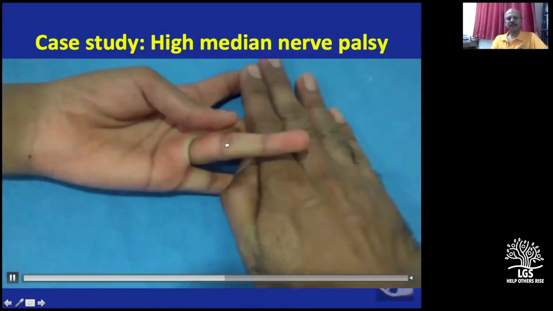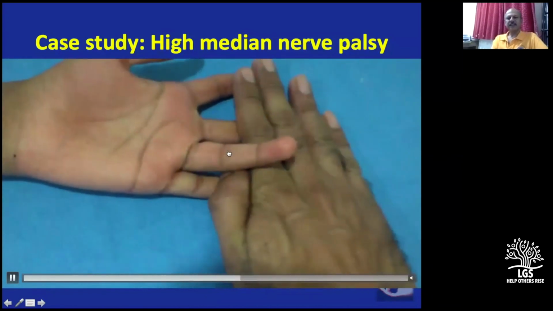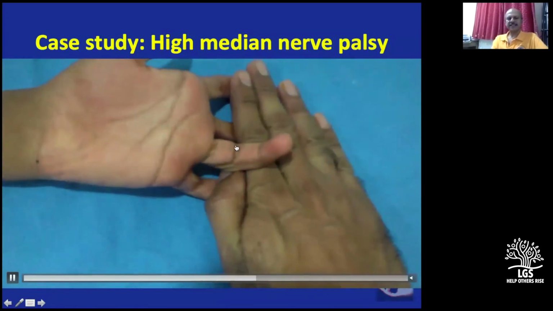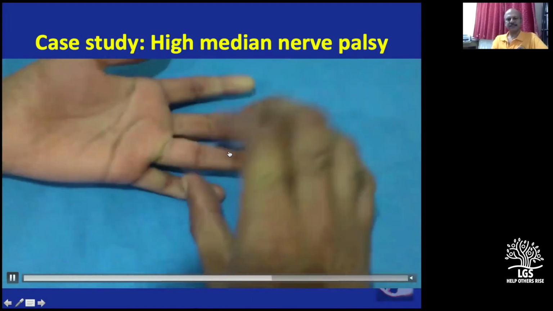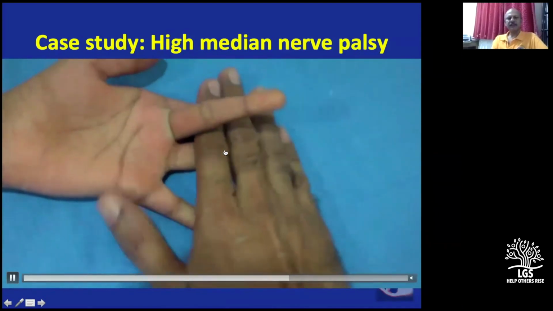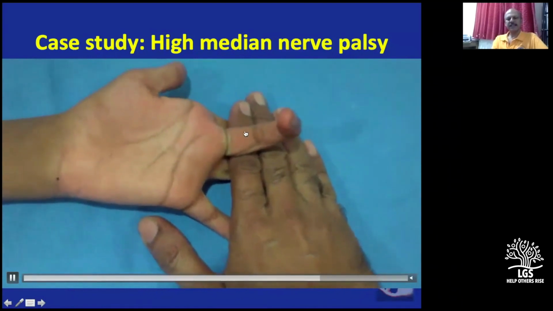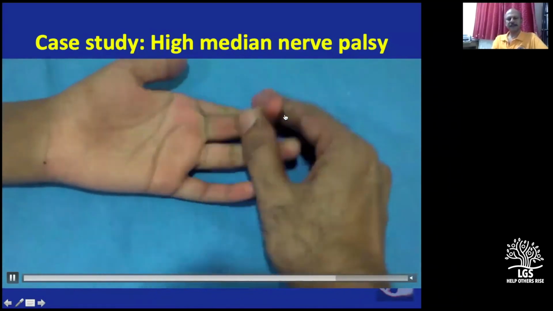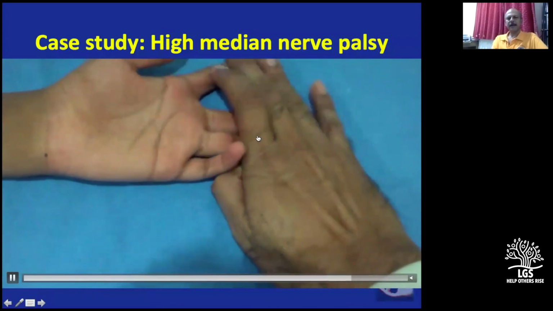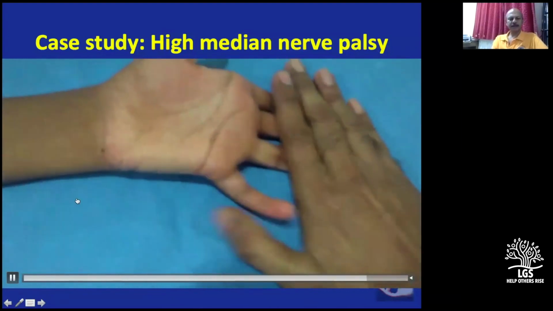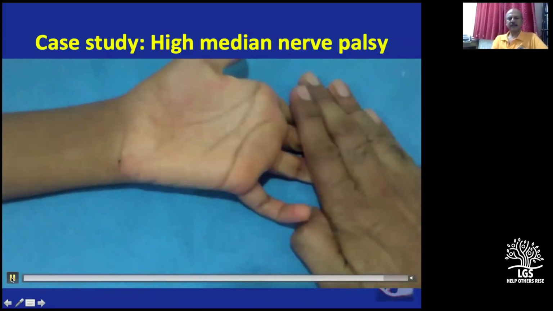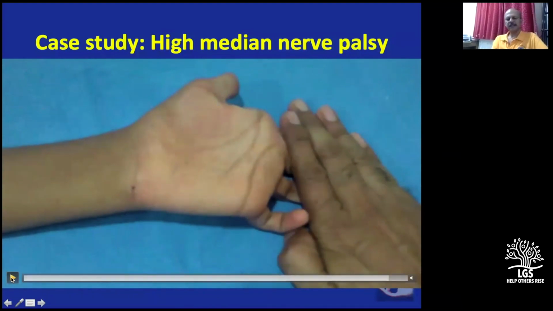Now I'm checking the flexor digitorum superficialis. When I hold the other fingers like this, the patient is not able to flex. Since the index, middle, ring and little fingers' FDPs are together, we prevent the FDP from acting. Now just look at this. You will find that the patient is not able to flex the proximal interphalangeal joint.